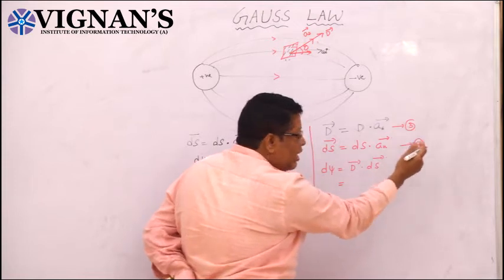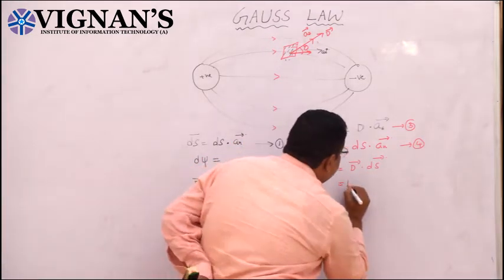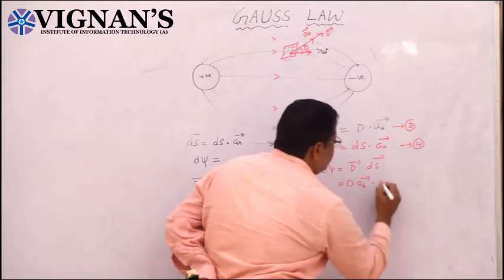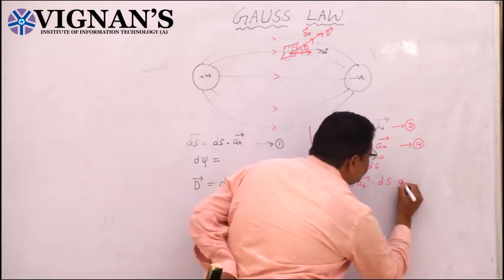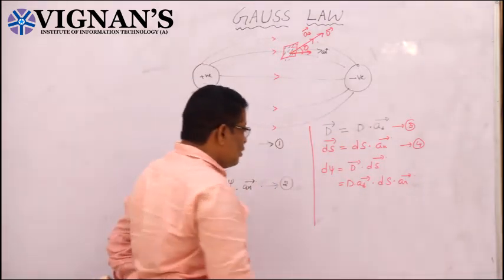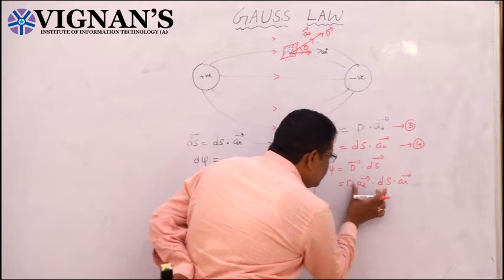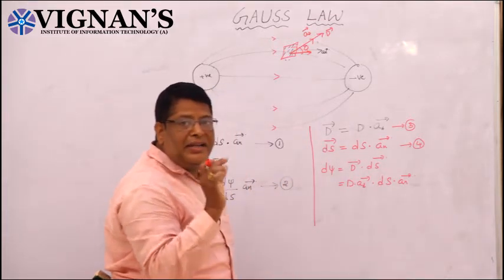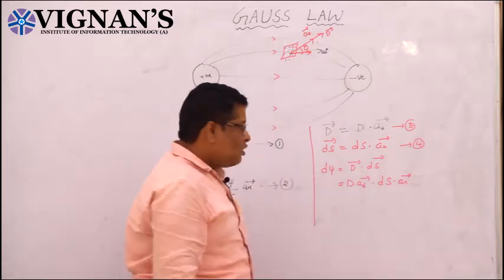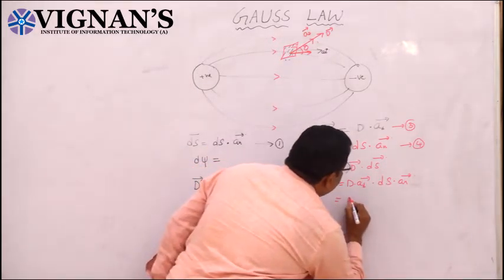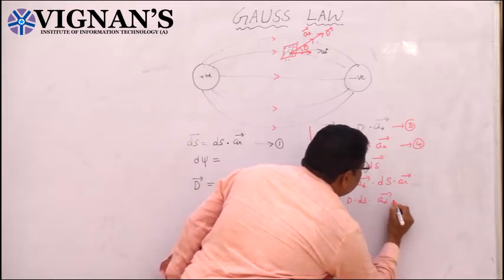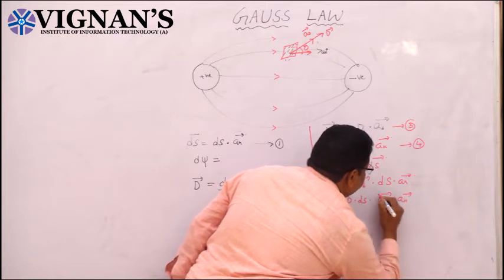Substitute equations 3 and 4 here: D into a D bar dot dS into a n bar. Now, D and dS are the constants, the magnitude of the flux density as well as the magnitude of the surface. Take them to one side: D into dS, a D bar dot a n bar.